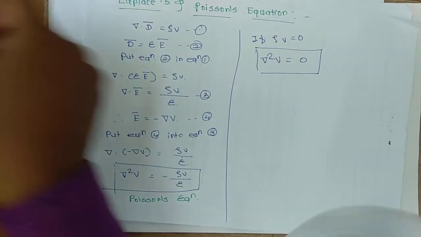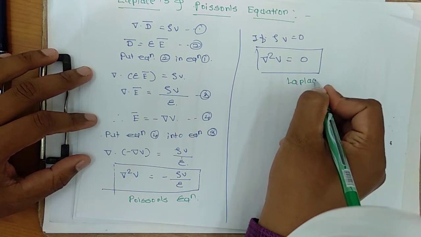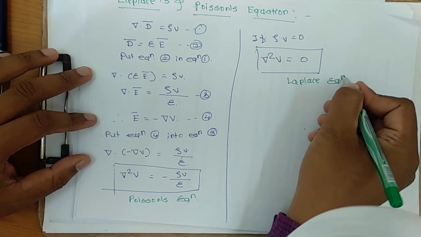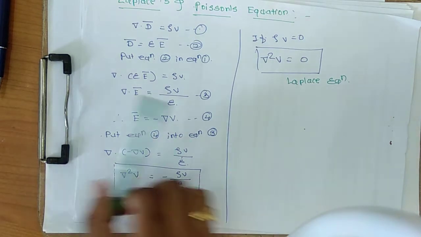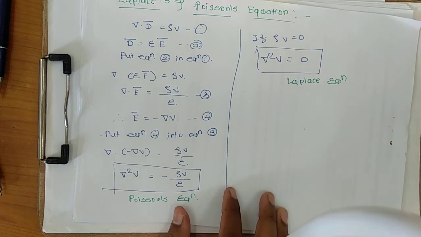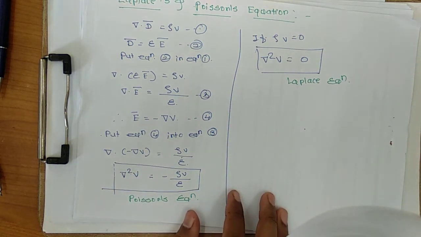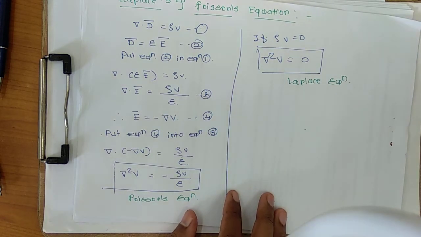Very simple equations. This is the way you have to derive the Poisson's and Laplace equations. You also have to represent the Laplace and Poisson's equations in different coordinate systems.